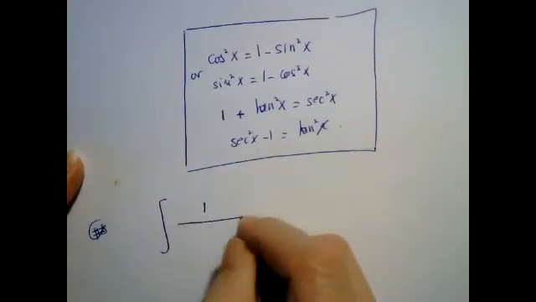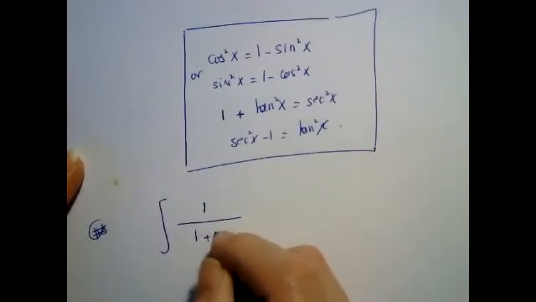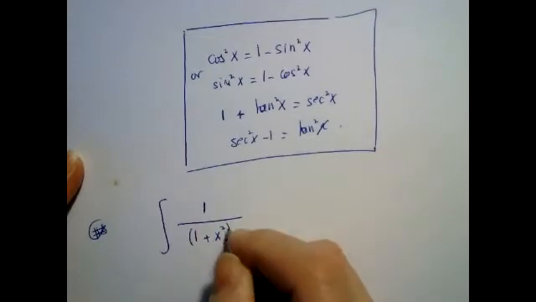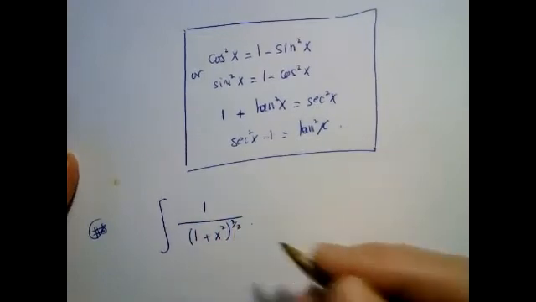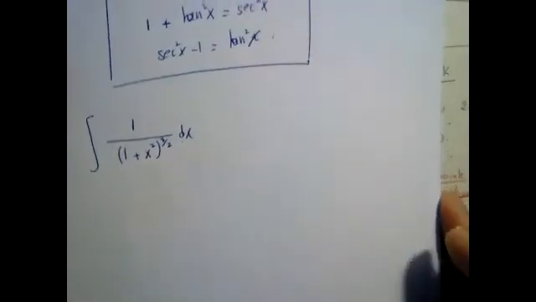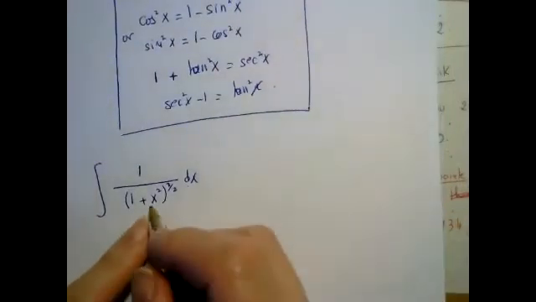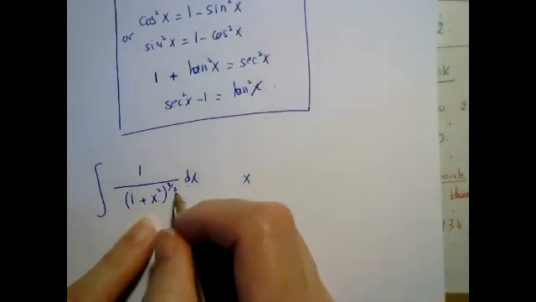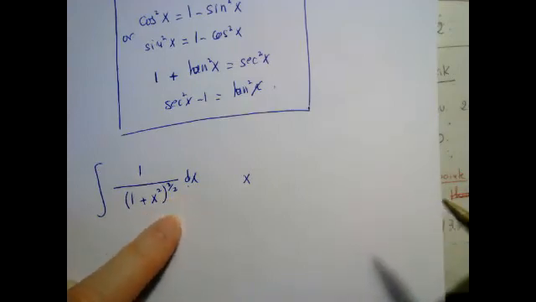1 over (1 plus x squared) to the power 3/2 dx, of course. Right? So, okay, here we have really a square root term, that's the power 3/2, and you basically want to get rid of it.